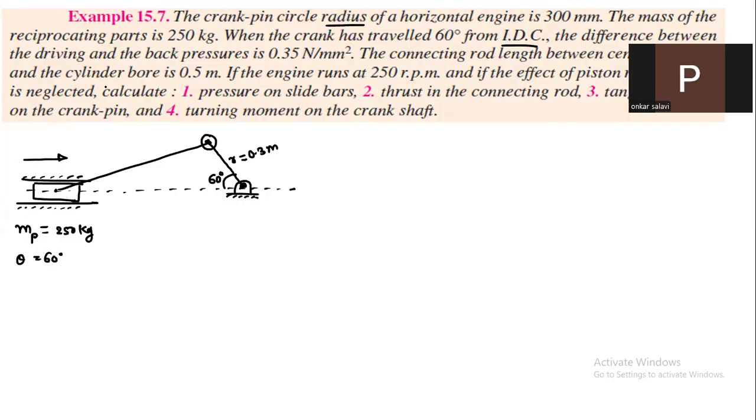The difference between the driving and back pressure is 0.35 Newton per mm square. So P1 minus P2 is equal to 0.35 Newton per mm square. So this is the meaning of driving and back pressure.